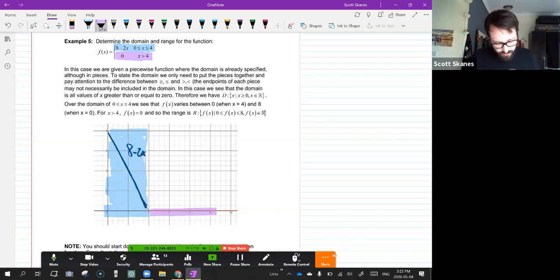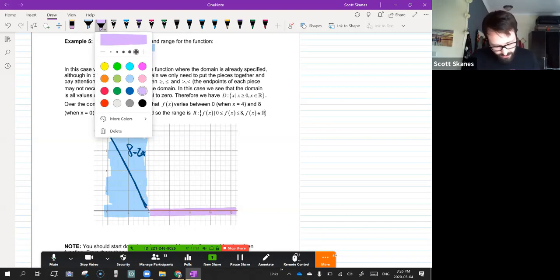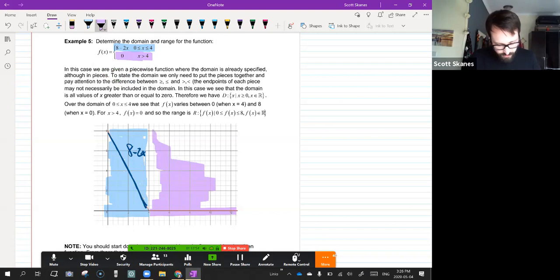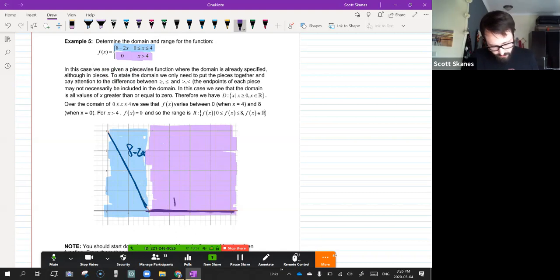Anything bigger than 4, it's going to be this line, and I'll draw it clearly here. This is the function f of x equals 0. No matter what x value you put into it, you just get back 0.